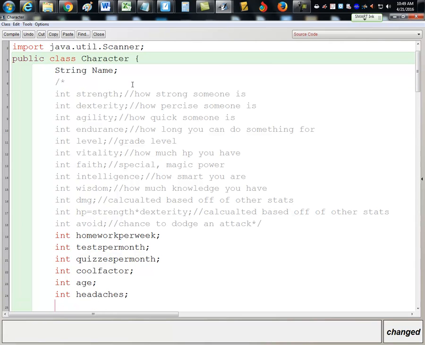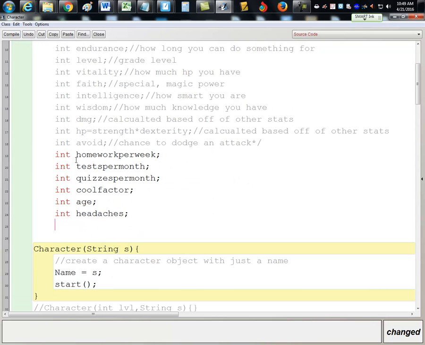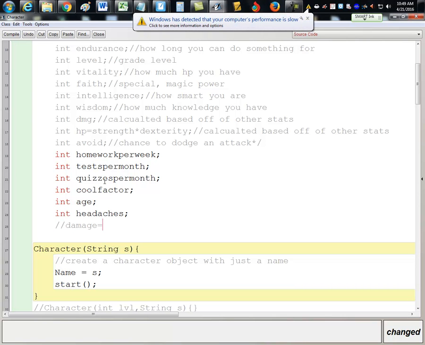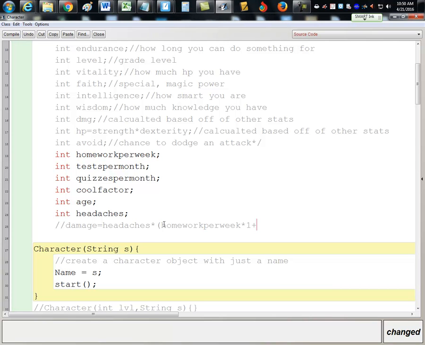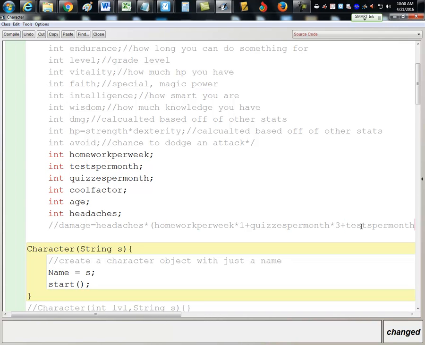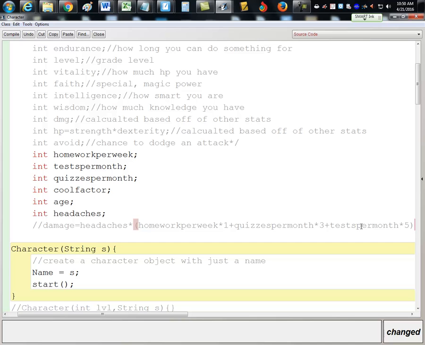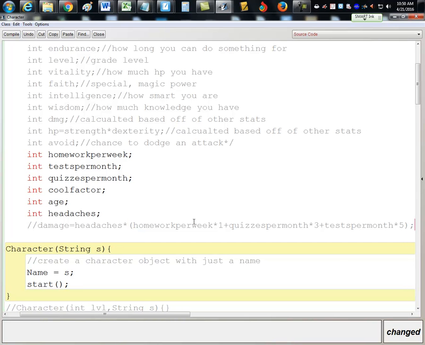That's a subclass of character. So now what I would do is I would say my damage equals headaches times the quantity of homework per week times 1 plus quizzes per month times 3 plus tests per month times 5, and that would be my damage calculator.